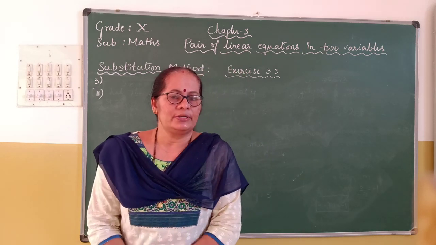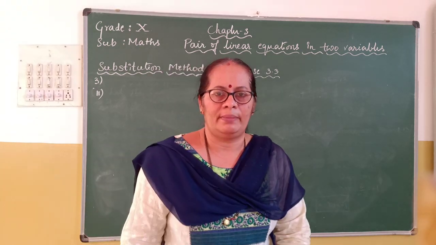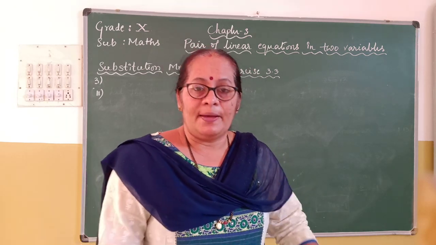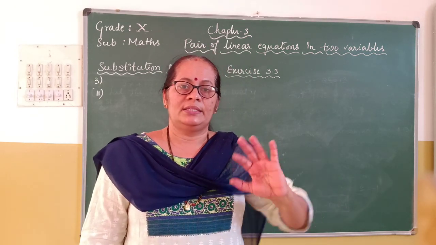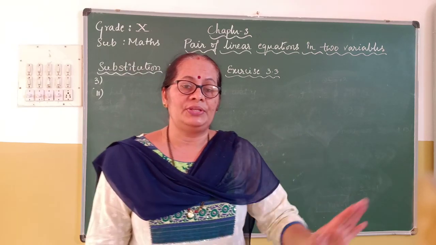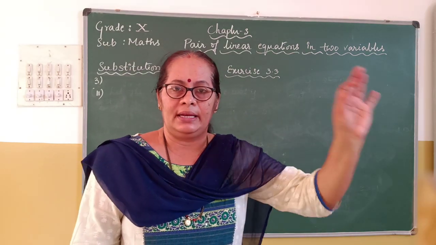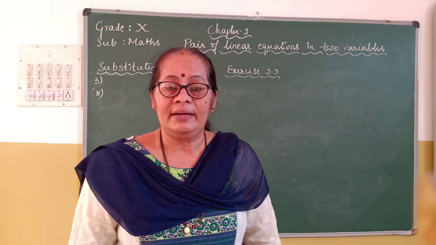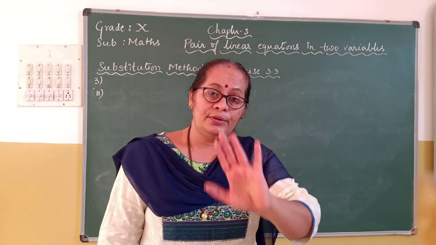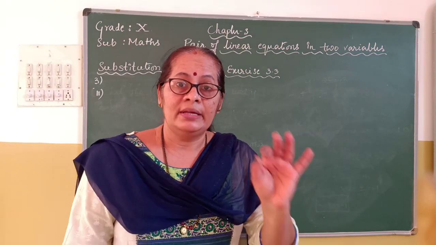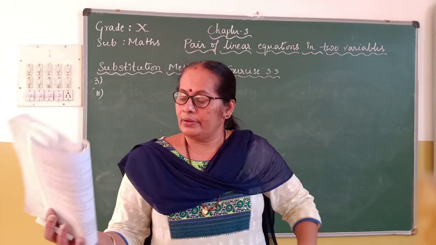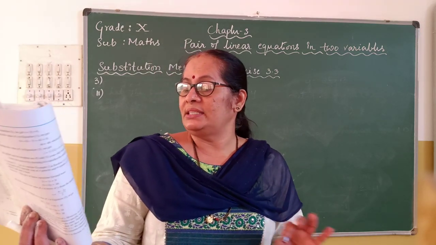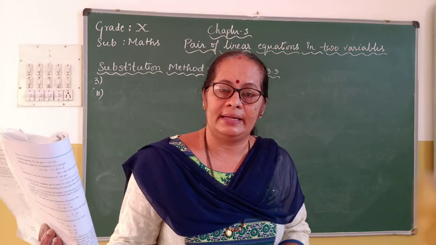Already you learned about supplementary angles and complementary angles. What do you mean by supplementary angles? Supplementary angles means the sum of the two angles is equal to 180 degrees. That is called supplementary angles. What about complementary angles? The sum of the two angles is equal to 90 degrees. Now the question is, the larger of two supplementary angles exceeds the smaller by 18 degrees.